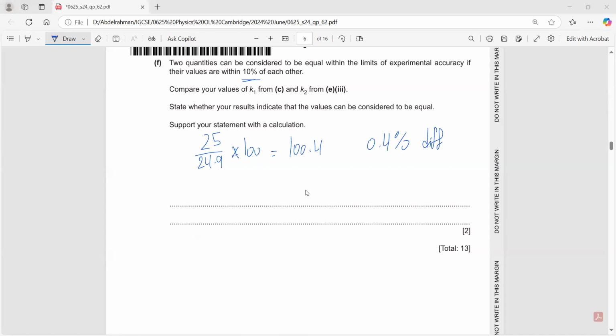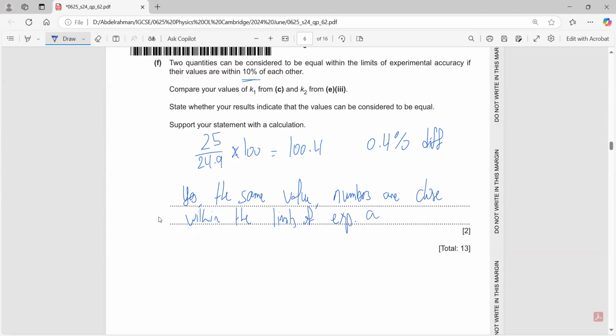So yes, the numbers are close and within the limits of experimental accuracy. Okay, not bad.